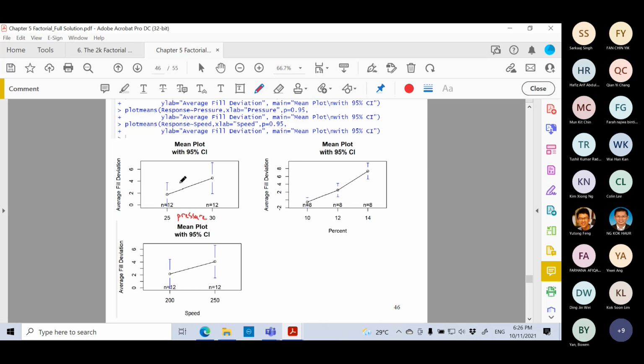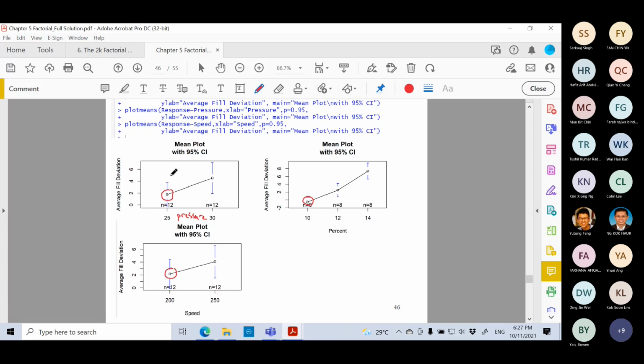In this case, if we want to be closer to 0, then we should choose the pressure at 25. Similarly for the percent, we want to choose the closer one. This one is -1, so it should be the smallest or closest to 0. This one is higher, so we should choose this level.